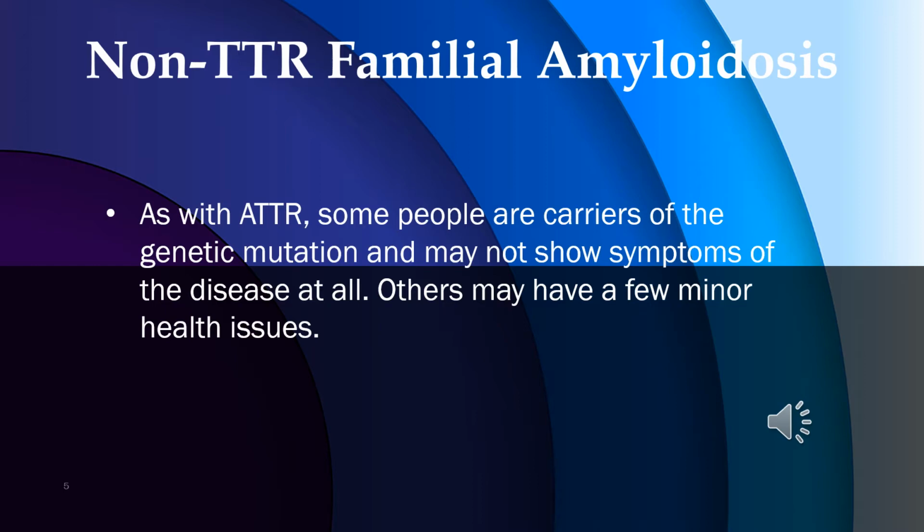And then there are those that have multi-system involvement. So we really never know how it's going to present in someone until the symptoms start to rear themselves. Now, the only way that somebody who is a carrier is going to know they have it is if somebody else in the family had the genetic testing to determine that there is amyloidosis. People can have it and not know it.